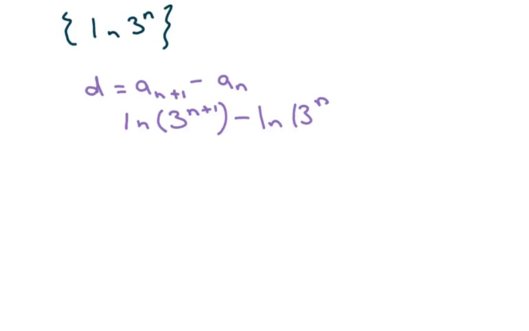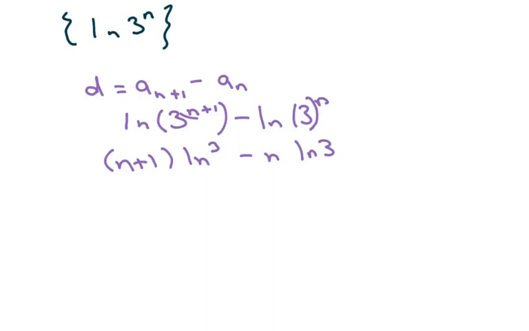Okay? Now I'm going to use my power property. Write this as (n plus 1) times ln of 3 minus n times ln of 3.